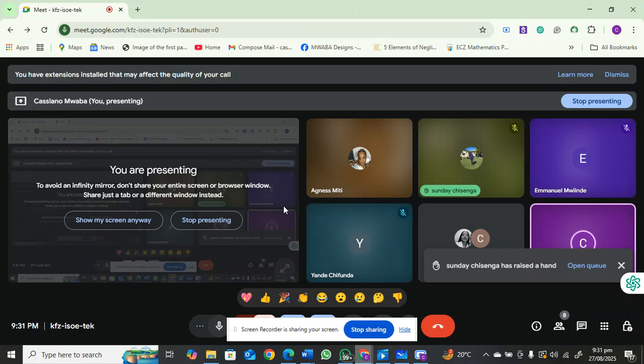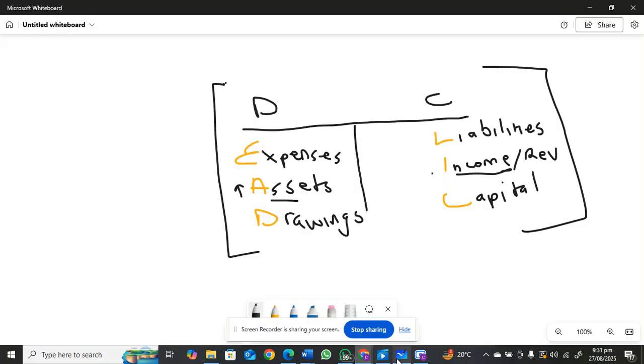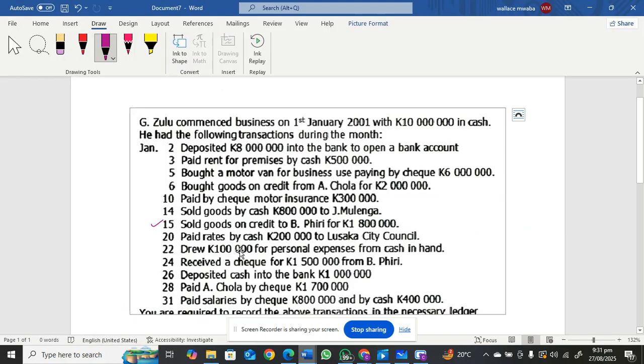We're debiting the rates expense, then we are crediting cash. Cash is an asset. Reduction in an asset is credit. If an asset increases with debit, it means it is going to reduce with credit. Colleagues, are we all okay with that?